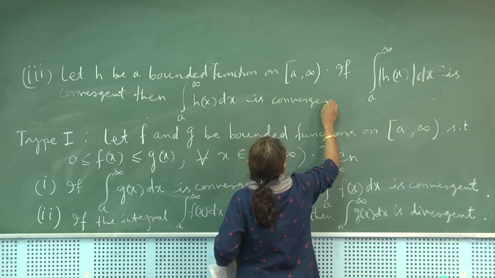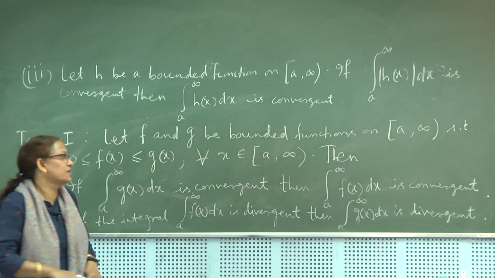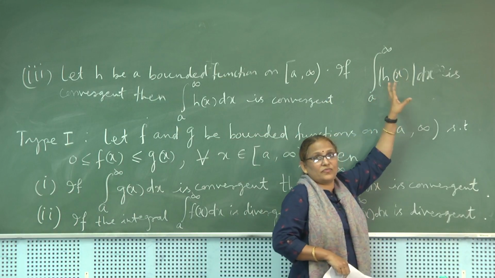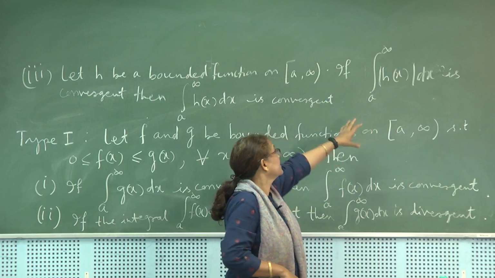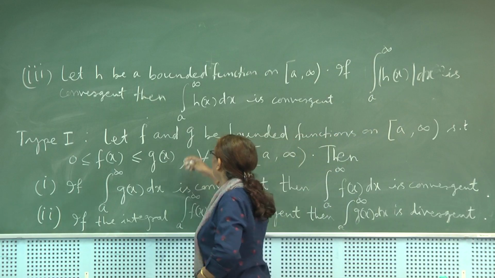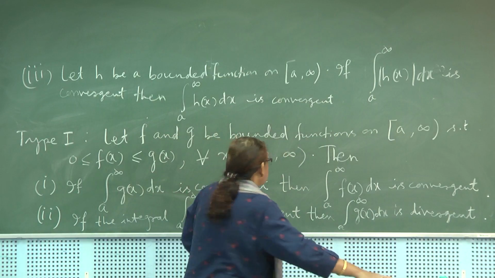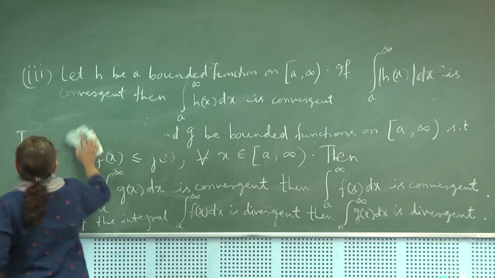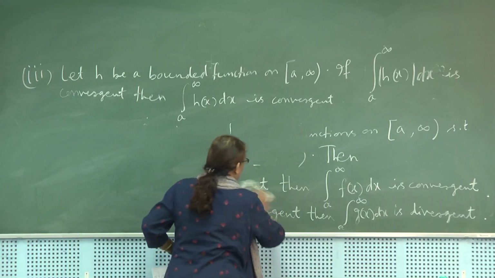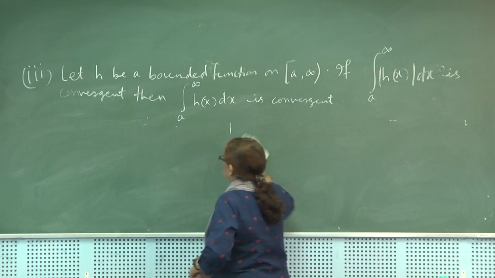Well, in this case we also say that this integral converges absolutely, because the absolute value of this function h(x) is convergent. So, we also say that sometimes it is absolutely convergent. Well, I can give you a few examples now to verify this test.